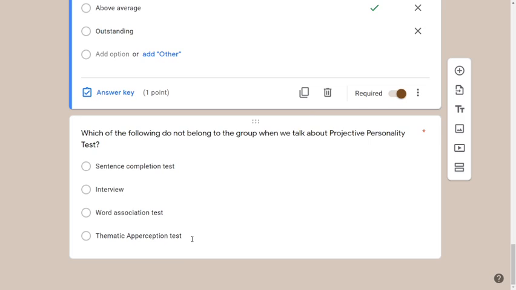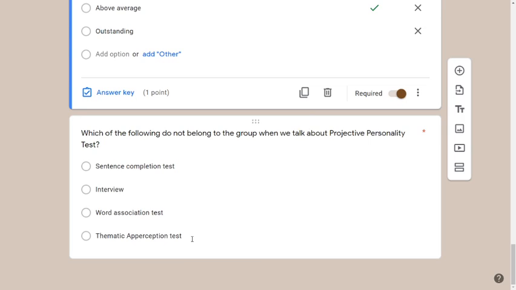It's a type of test in psychology wherein they analyze your dreams, your desires, the choices that you make with your partners, your clothes, so that they can determine your personality. So this is clearly a type of projective personality test, and usually something that's difficult may not really be the right answer in most cases, but not all the time.